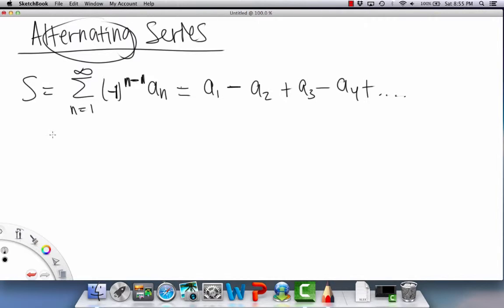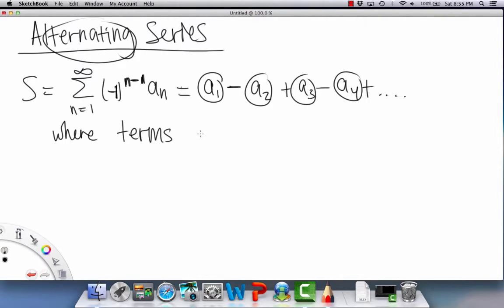Here are some conditions: each term itself, disregarding the negatives and positives in front, has to be positive and decreasing.